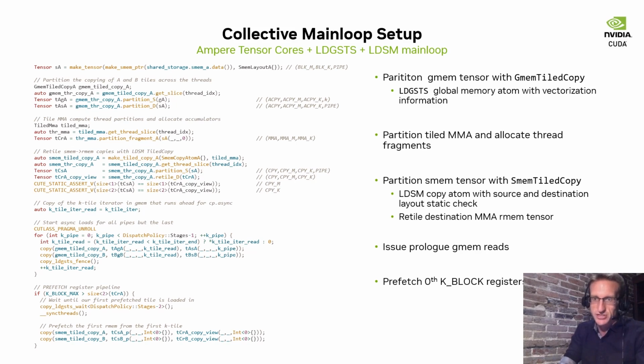Second, partition the shared memory with respect to the thread-sliced tiled MMA and create register tensors. Third, repartition any shared memory and registers for any non-identity shared memory tiled copy. And then prime the pipelines for the main loops by simply calling copy on the appropriate tensor views that we've constructed. It's important to note that almost every object here is a CuTe layout or a CuTe tensor.